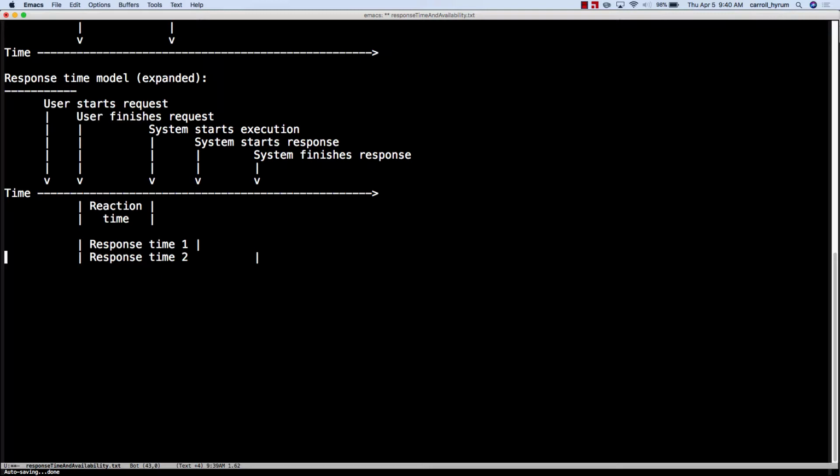Like in my mind, maybe I think of response time 2, but it depends on the situation, right? If your professor says, thank you for your question, I will look into it, well, that's how long they took to respond. That was they started. And then it's, okay, I have the solution. Well, was that 24 hours after?